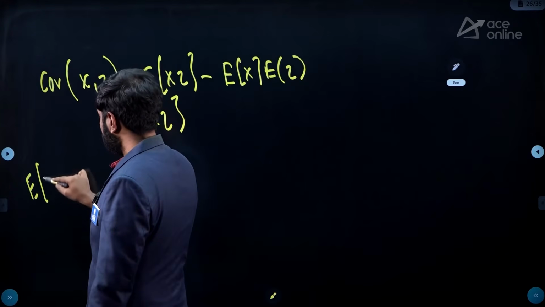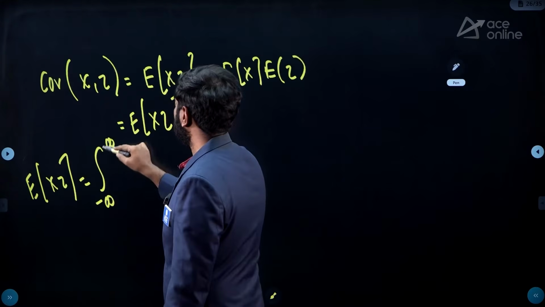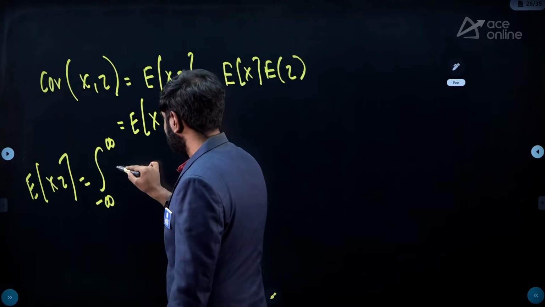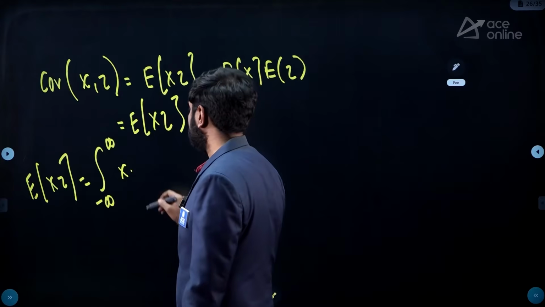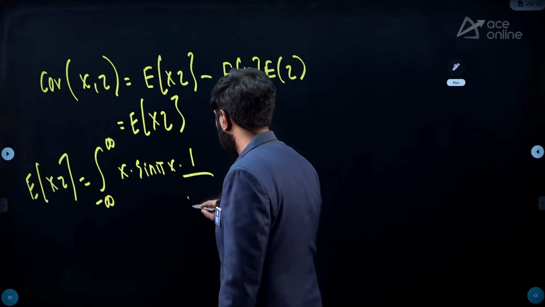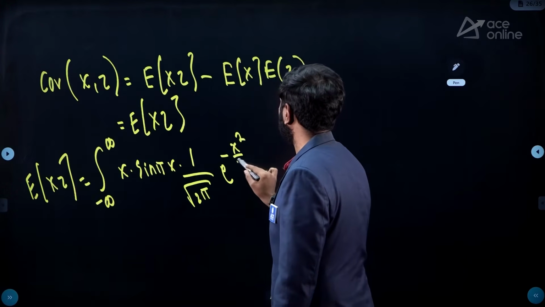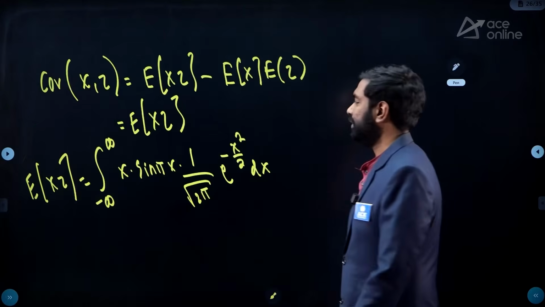So what is expectation of XZ? It is integration minus infinity to infinity X, Z is sine pi X, into 1 by root 2 pi e power minus x square by 2 dx.